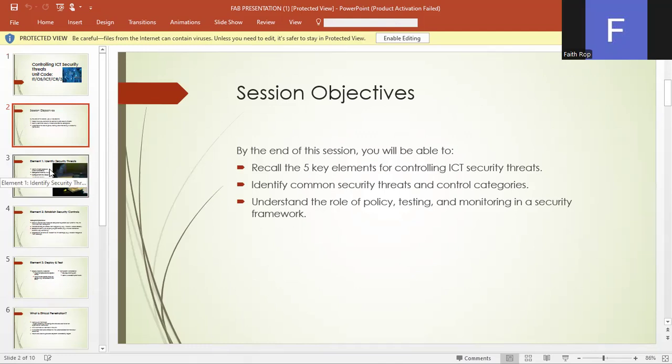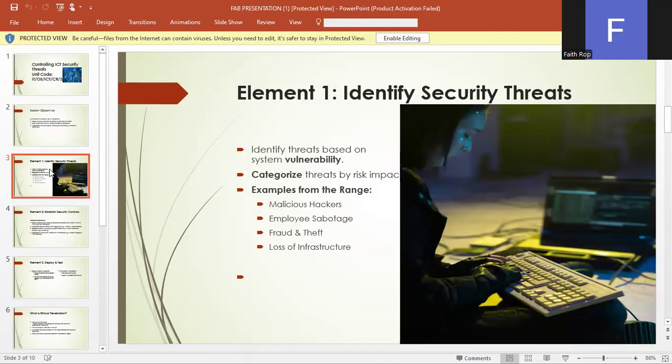So we go to the first topic, that is identifying the security threat. The first step in controlling ICT security threats is identification, that is, identifying the threat based on the system vulnerability. You can't protect what you don't know is vulnerable.